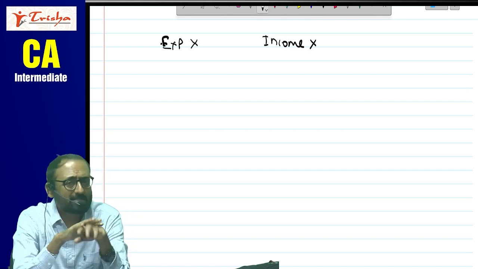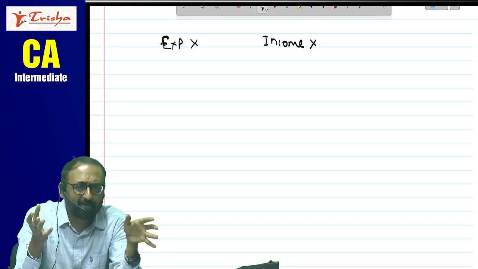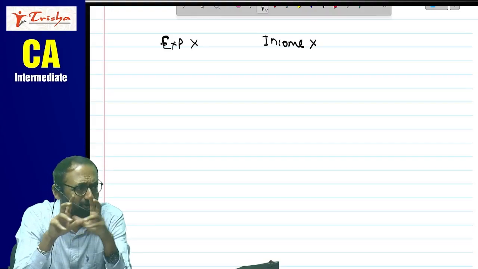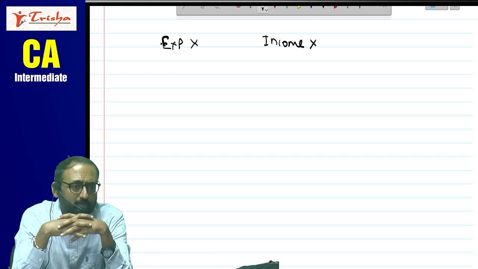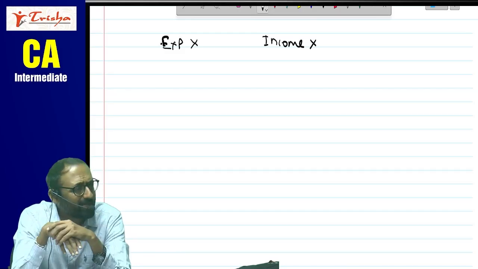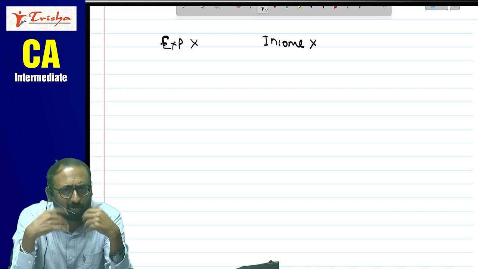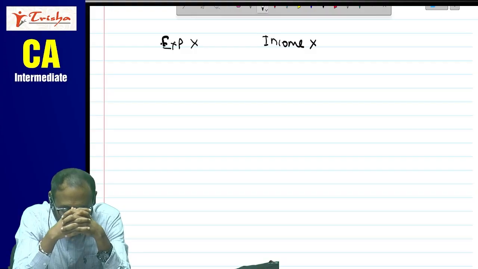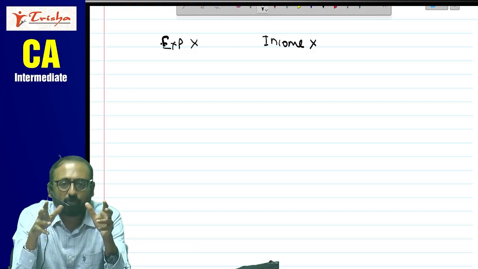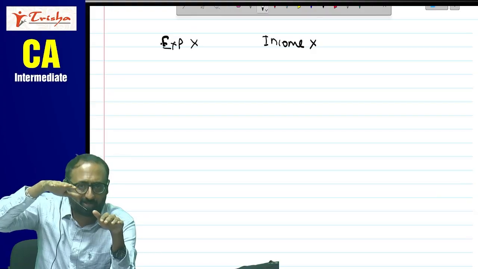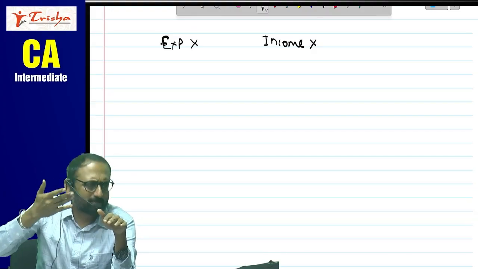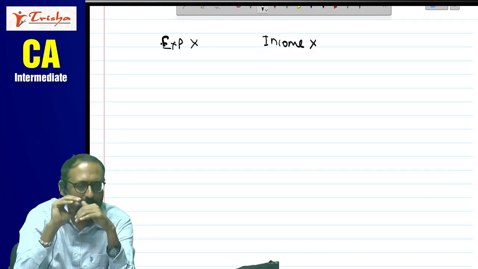If these expenses are not considered in costing, but are considered in finance, whose profit will be more and whose profit will be less? Costing profit will be less or finance profit will be less? Finance profit will be less. Why? Costing profit will be more, because these expenses are not considered in costing. So costing profit will be higher.